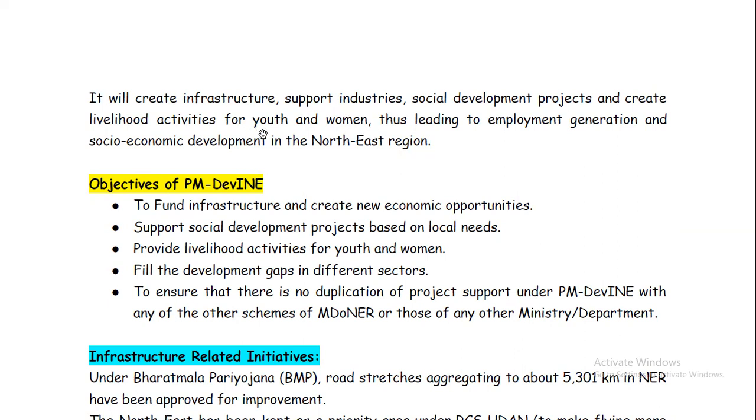This is also very important, because when jobs are created for the youth, then the youth will not go for insurgent activities, right? Because unemployment, we have to agree, has some link with the creation of insurgents. So the PM-DevINE scheme leads to employment generation and socio-economic development of the Northeastern region.